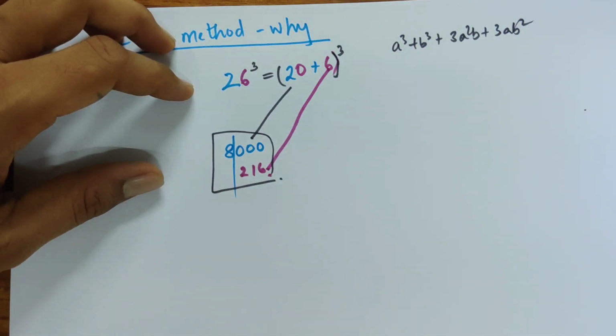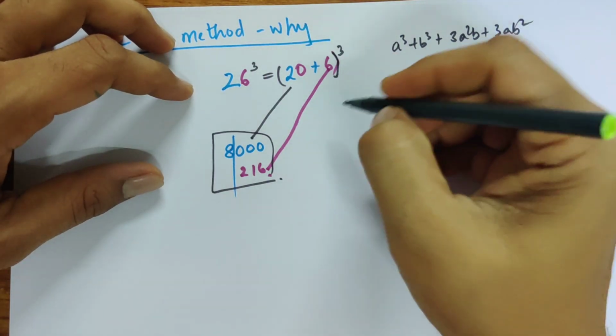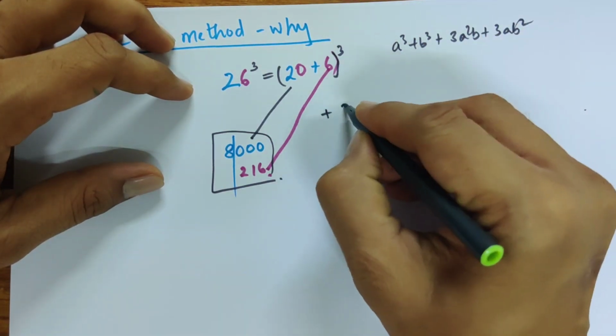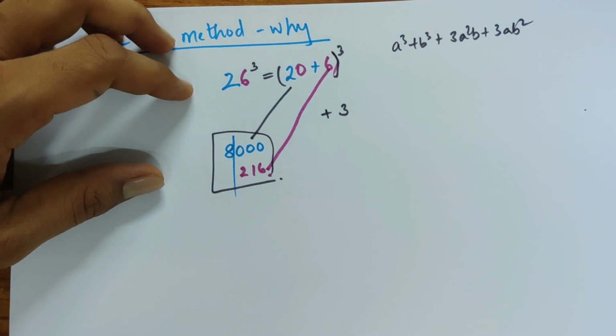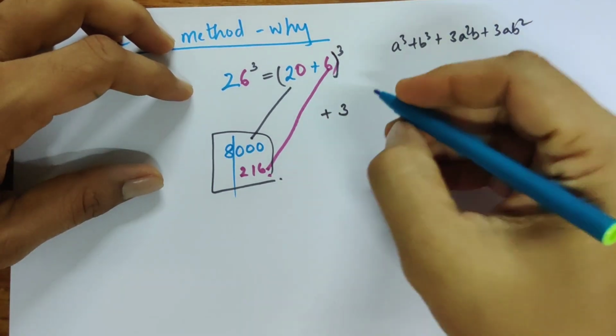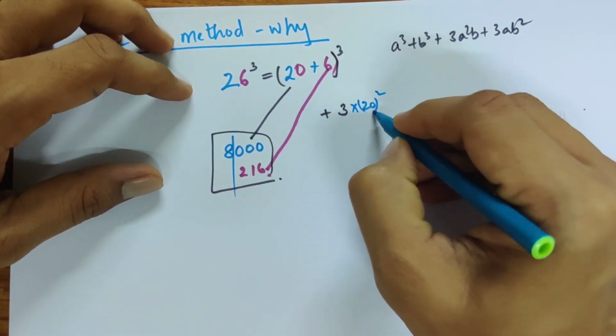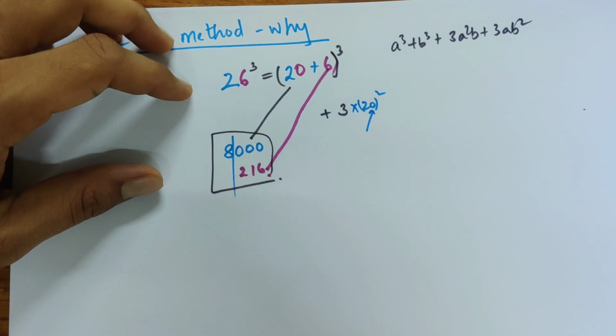So the other two terms: we have 3 times a square, so that's 3 times 20 square. Notice here, because this is a 20, you will have 2 zeros, yeah?